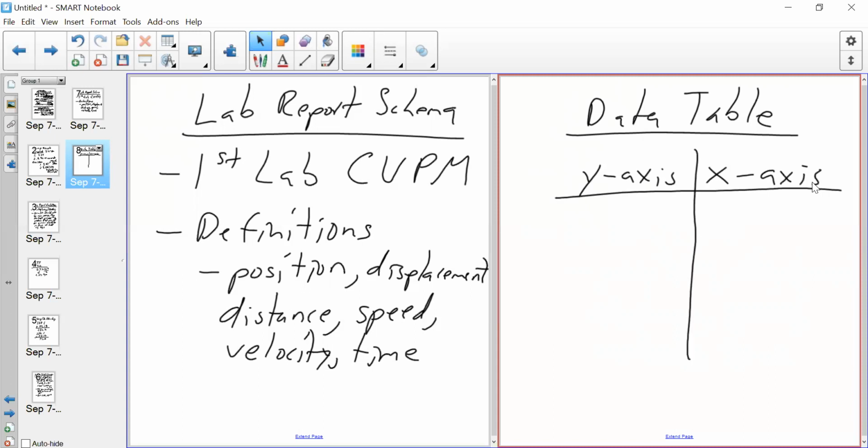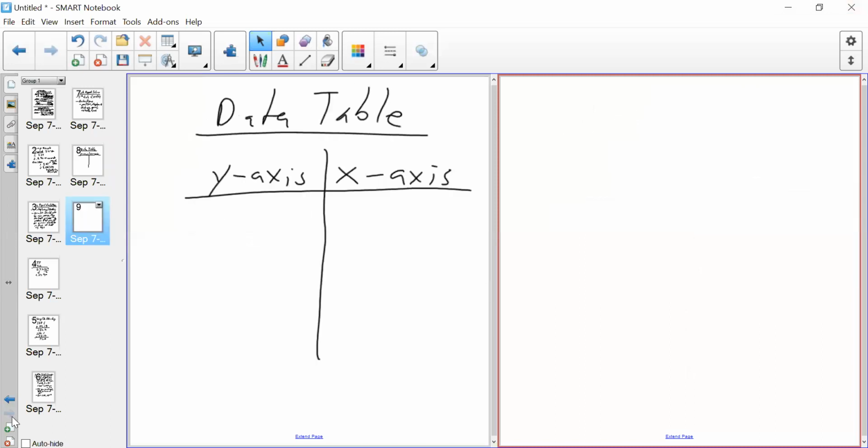So typically the information in the vertical axis, the y-axis, is going to be my independent variable. Sorry, no, that would be my dependent variable. I'll explain all that shortly. So my dependent variable is going to be in my left data table column.